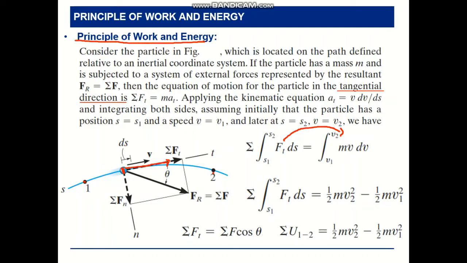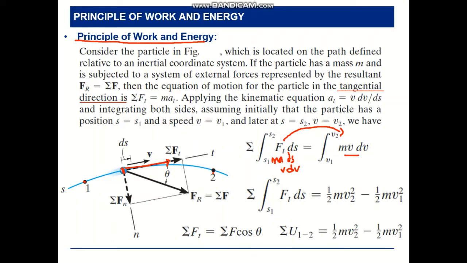How do we get from this to this? We know that F is ma, so it's ma ds. We know from our kinematics part that a ds is equal to v dv. So instead of a ds, we write v dv, and it's going to be m v dv.